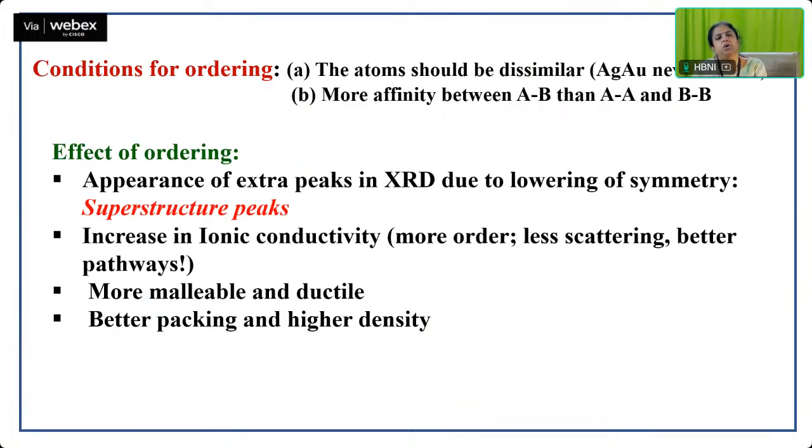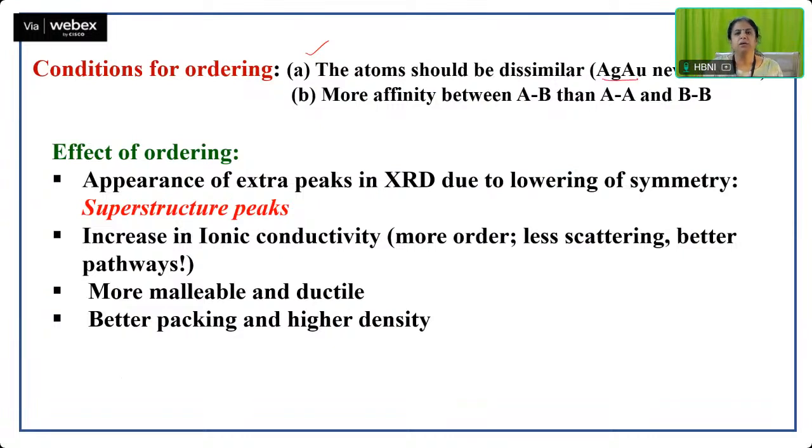So what are the conditions for ordering? If I mix any two elements A and B, will they order? No. For ordering, the affinity of A towards A should be less than the affinity of A towards B. Then only they would want to be with each other, right? So for ordering, the atoms should be dissimilar in terms of their sizes and their charges.